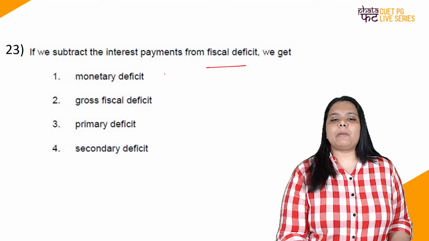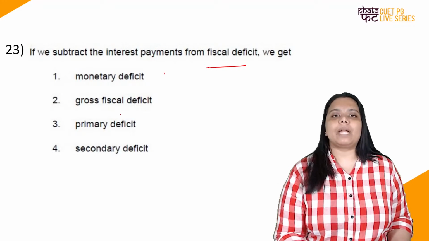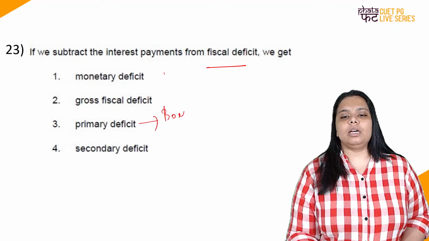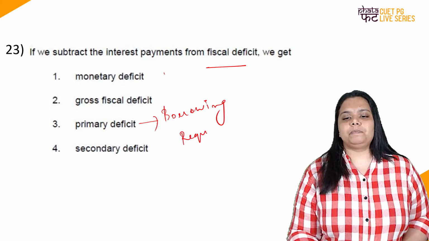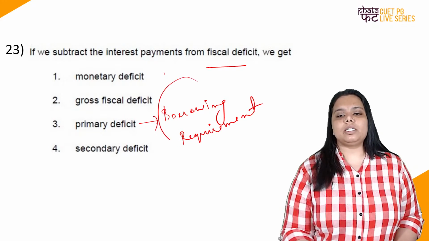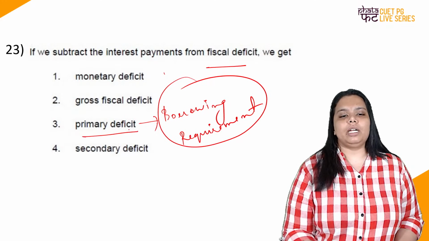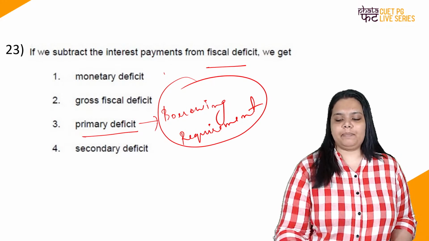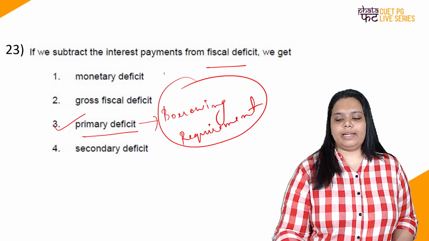If we subtract the interest payments from this, we get something called primary deficit. This is actually the borrowing requirement of the government. The borrowing requirement of the government is captured by primary deficit, which is fiscal deficit minus interest payments. So the answer is option 3.